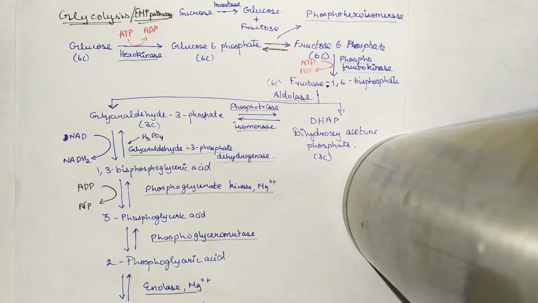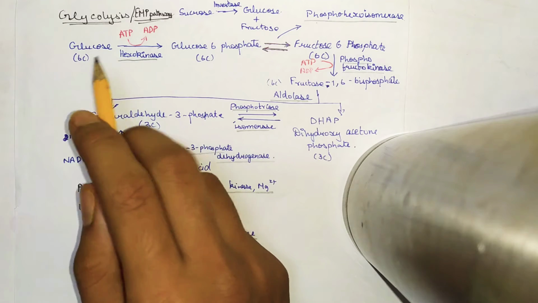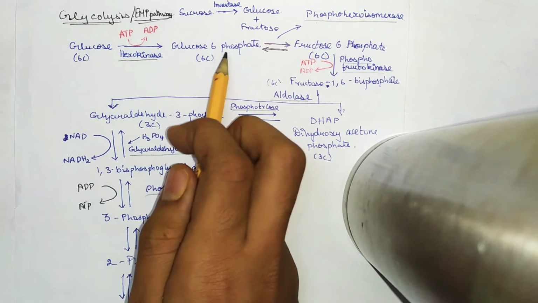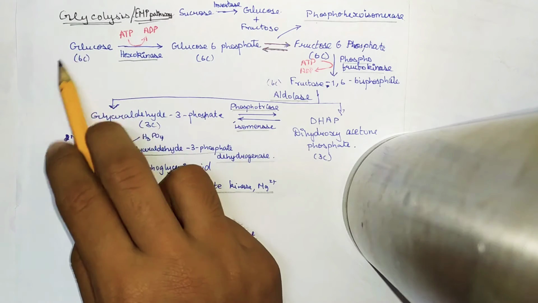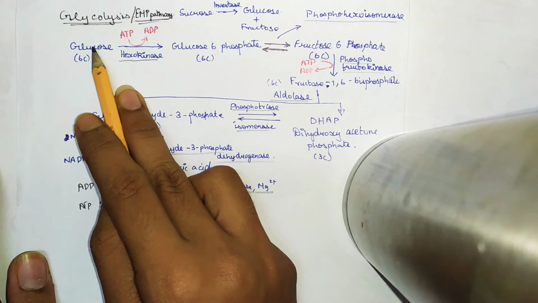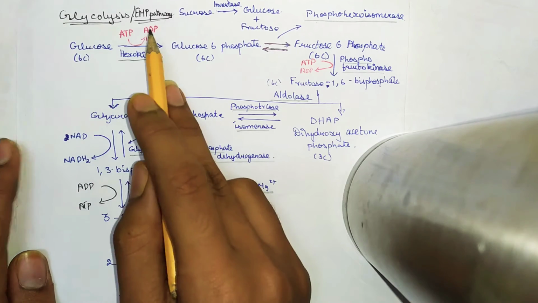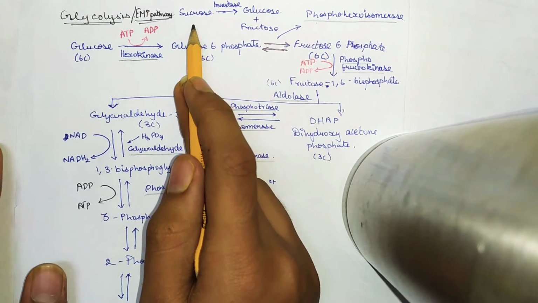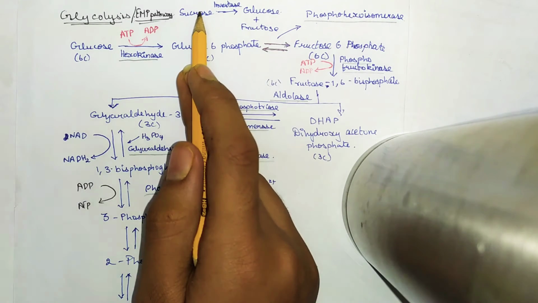Okay, so the first step involves glucose getting converted to glucose 6-phosphate. Now, where does this glucose come from for any respiration? If it's a plant, we get it from sucrose, which is the end product of photosynthesis, right?